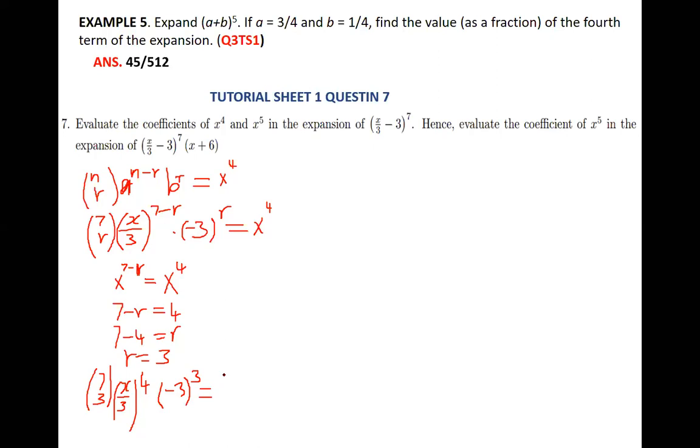So 7 choose 3 is just 7 times 6 times 5 times 4 factorial, then everything divided by 7 minus 3, you get your 4 factorial there.